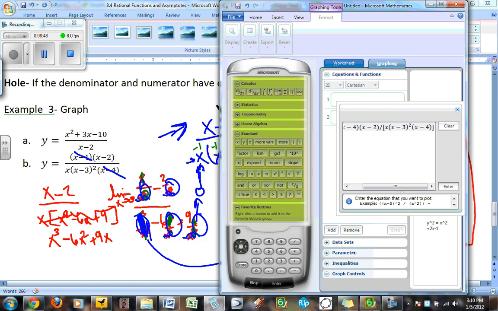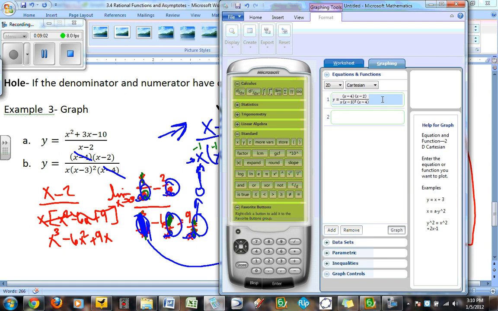Close my bracket there and graph that. Oh, can't use brackets on this program apparently. So we'll use a big parentheses like that and graph it.